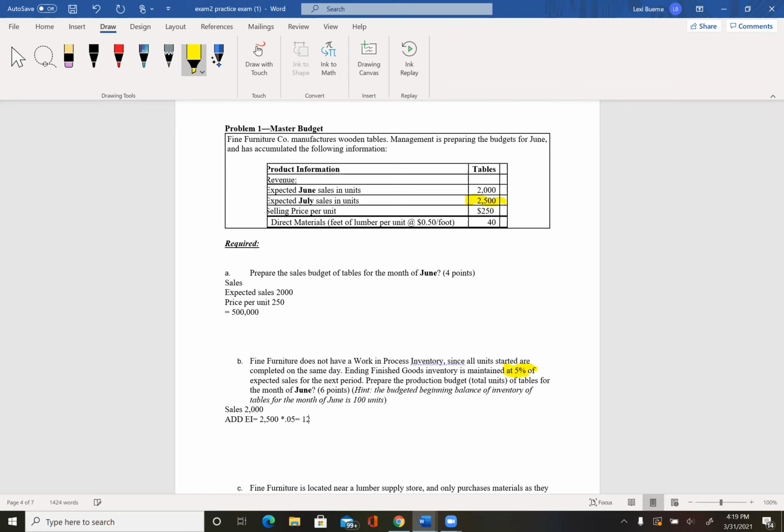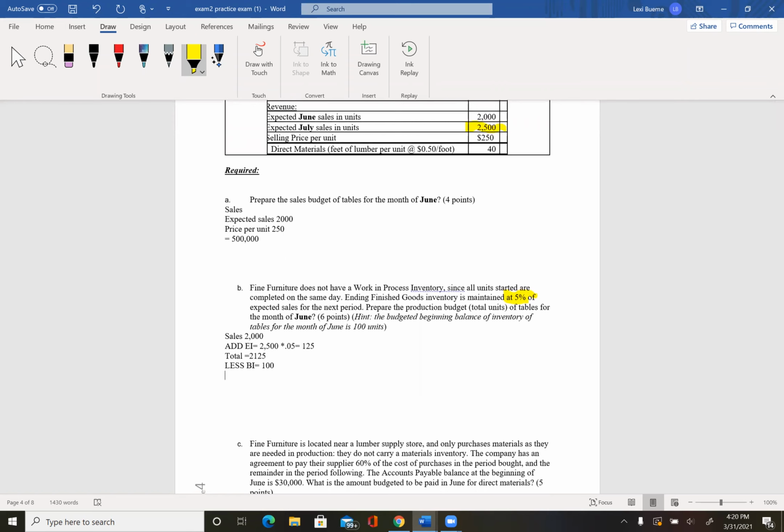That gives you 125. Then you add those together, which gives you 2,125. Then you subtract out your beginning inventory, which is given in the question as 100. That was in the hint. And then your total production budget is going to be 2,025.